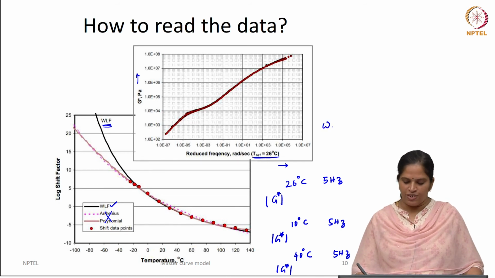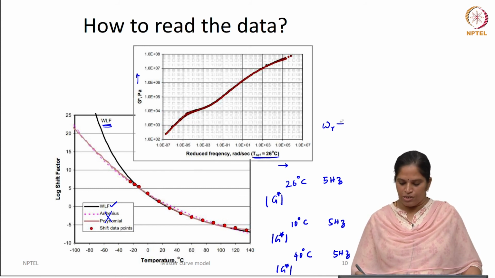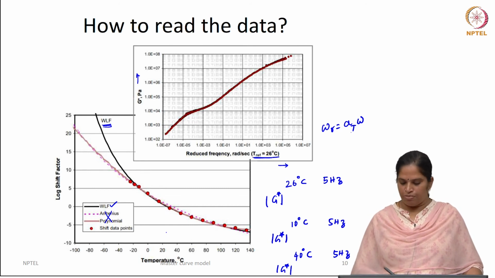At the reference temperature, if you represent omega r as the reduced frequency, we know that omega r is equal to AT into omega, where AT is the shift factor which can be obtained from this.